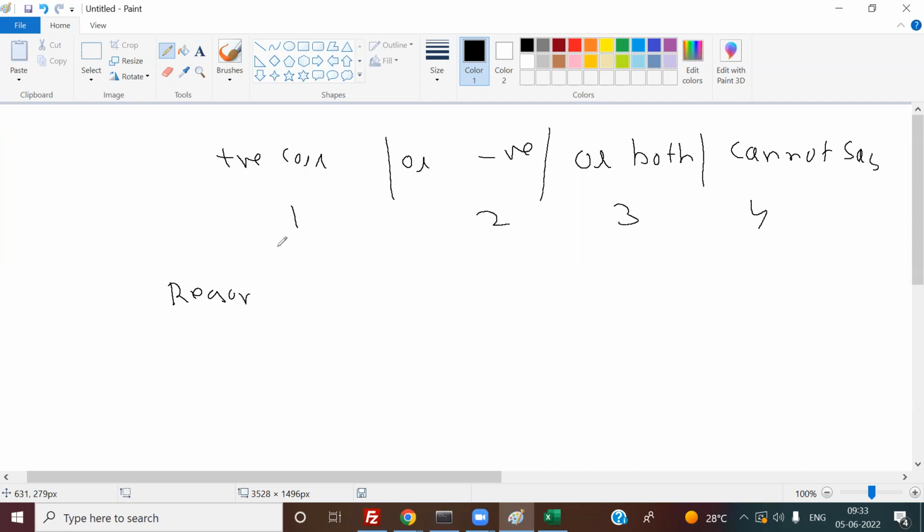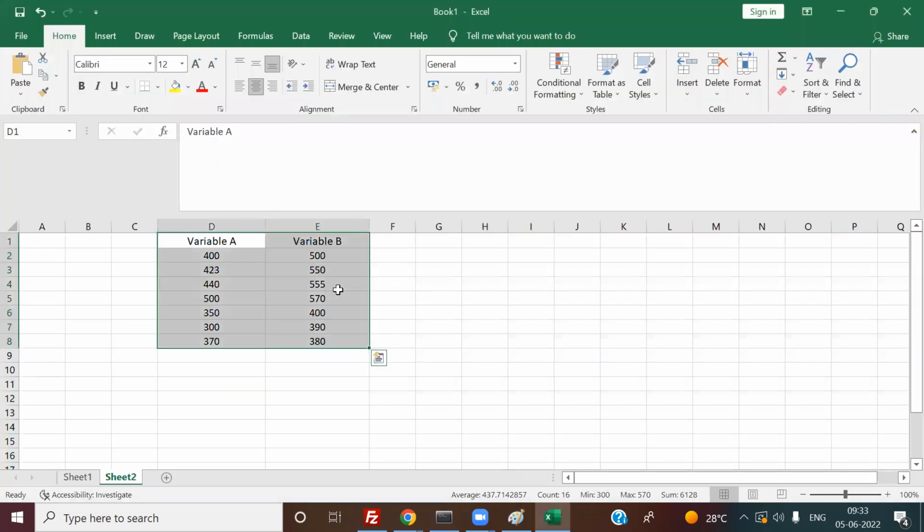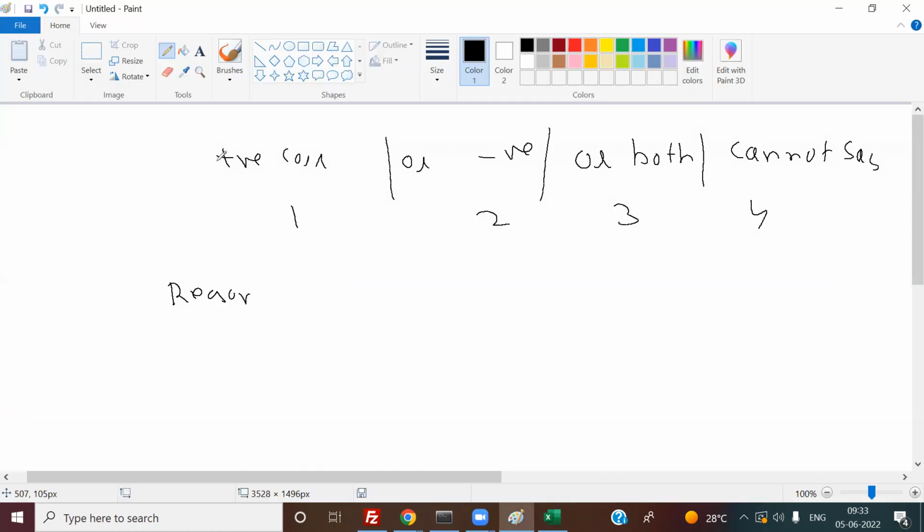So if you go with option 1, then why? 2, then why? 3, then why? 4, then why? And here is the data. Don't be in a hurry, take some time, think, and then come up with the answer. Out of these four options, one of them is the correct option.